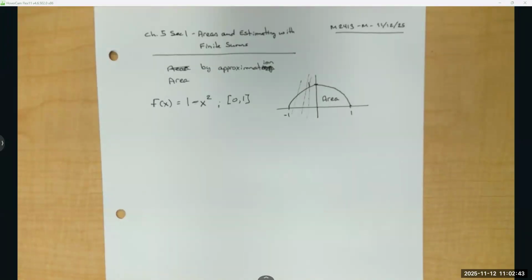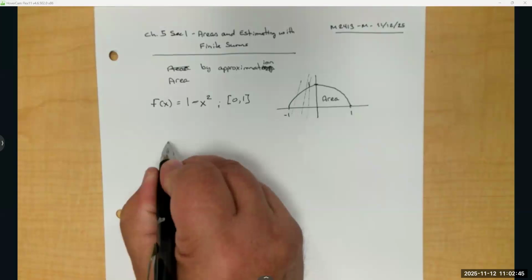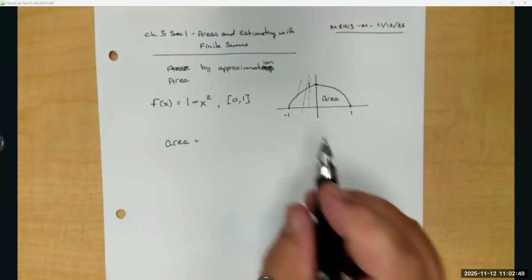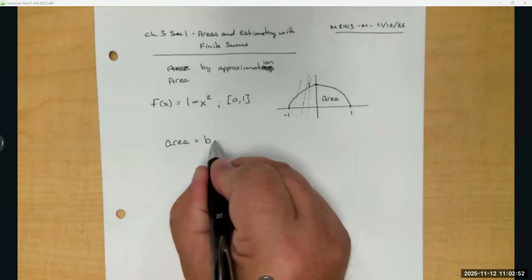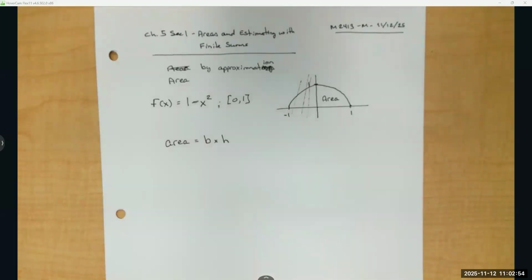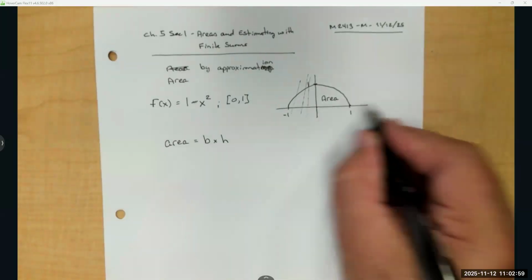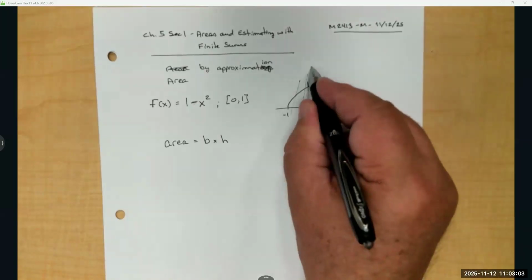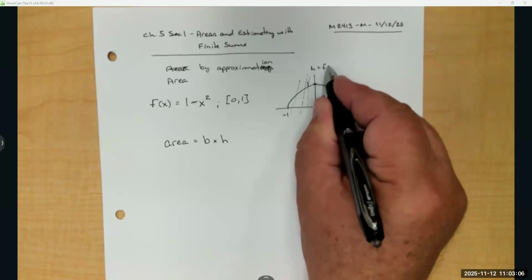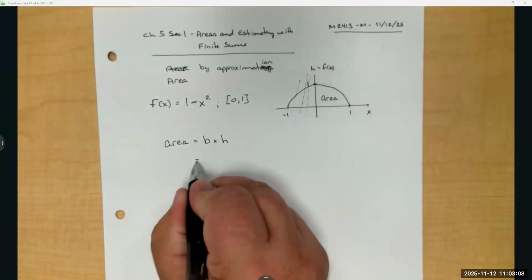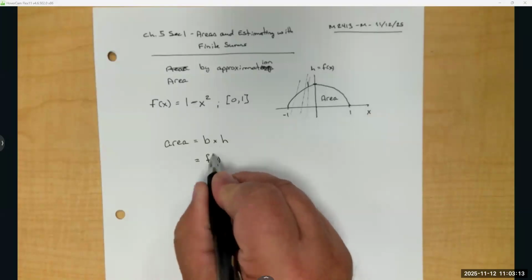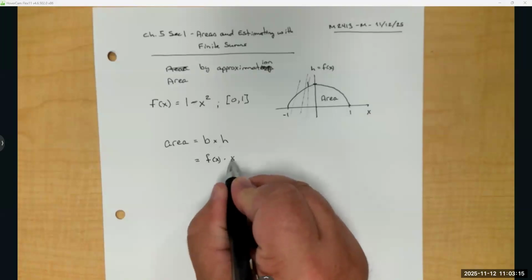But what we're going to start doing is the basic formula for area that we have, which is base times height, where base is the x value and the height is the f of x function of it. So we have f of x is the height times the value of x.